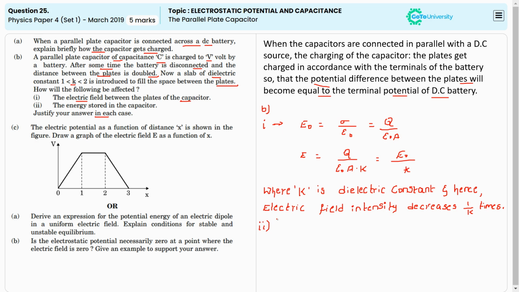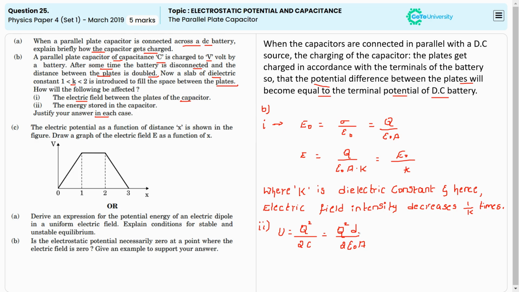The energy stored in the capacitor is given as U equal to Q squared divided by 2C, which is equal to Q squared D divided by 2 times epsilon naught A, where C is equal to epsilon naught A divided by D, and D is the distance between the two plates.